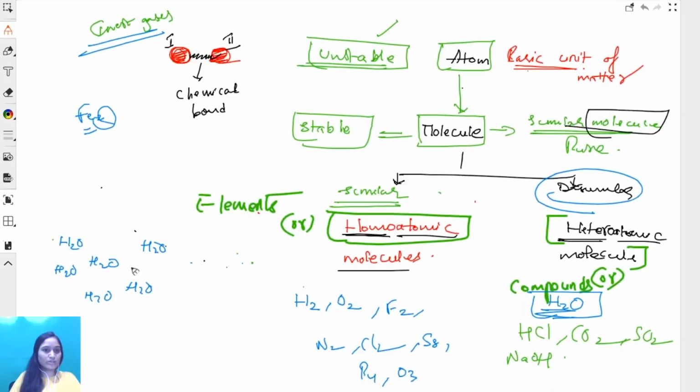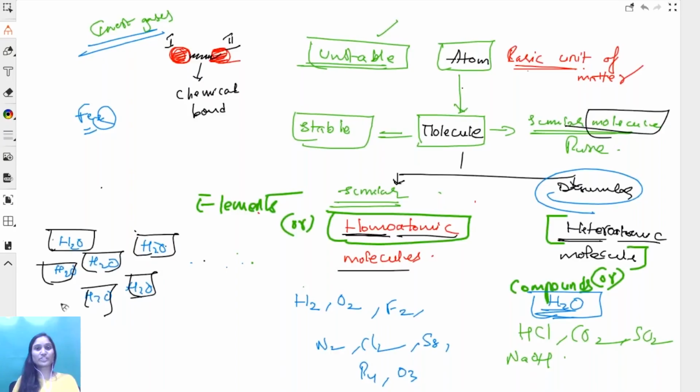First molecule H2O, second molecule, third molecule, fourth molecule. See all the molecules, they all are H2O. Other than H2O, do you see something else? No, right? It's only H2O. It has only one type of molecules, similar molecules. And if you have a sample with similar molecules, you call it pure.